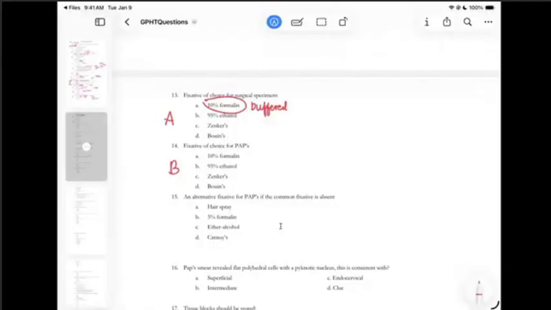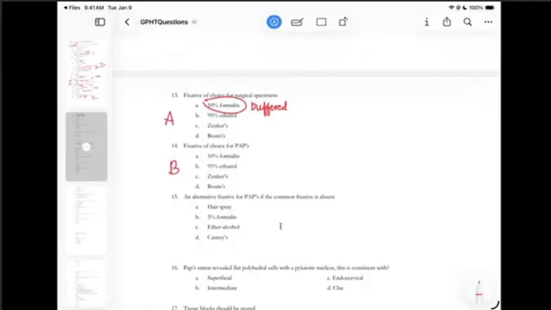In the past, we used the Papanicolaou fixative, which is a combination of ethanol and ether. But it's a bit dangerous. Although it's a very good fixative, the ethanol-ether or Papanicolaou fixative is not used much anymore. That's why nowadays we use letter B, 95% ethanol.